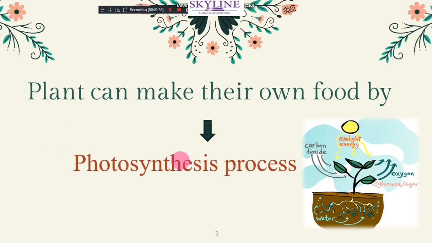To make the photosynthesis process, the plant needs sunlight, carbon dioxide, and water. Why? To produce oxygen and glucose. Sugar, glucose. The plant releases oxygen and produces sugar, glucose.